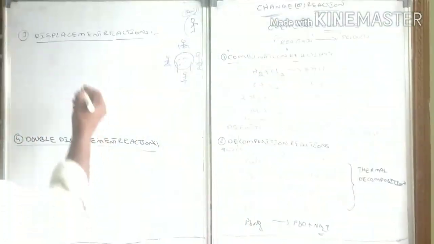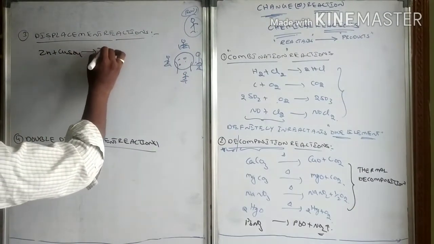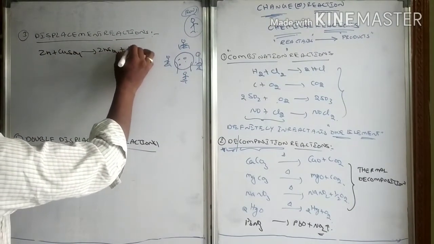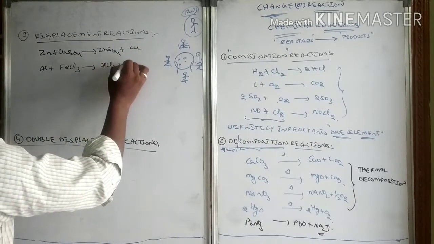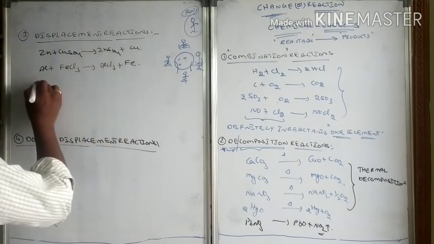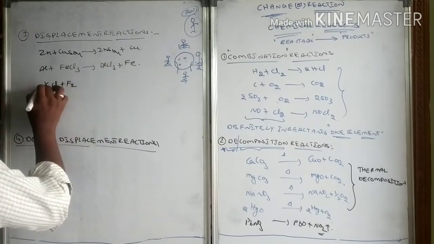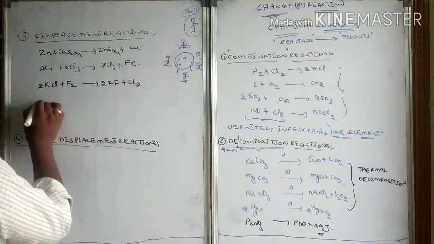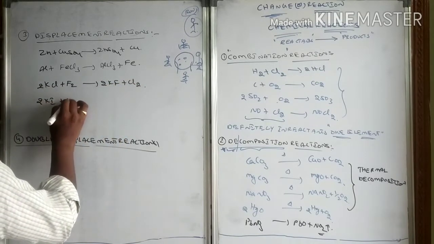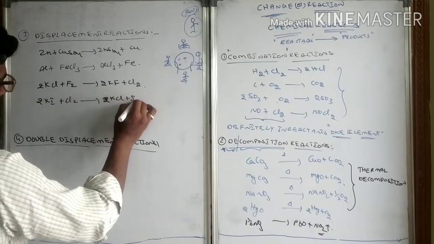How they are removing: see, zinc plus CuSO4 gives ZnSO4 plus Cu. AlCl3 plus Fe will come. And for non-metals, KCl plus F2 gives 2KF plus Cl2. 2KI plus Cl2 gives 2KCl plus I2.